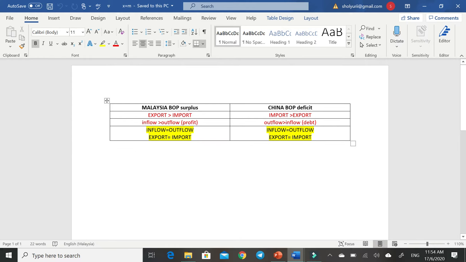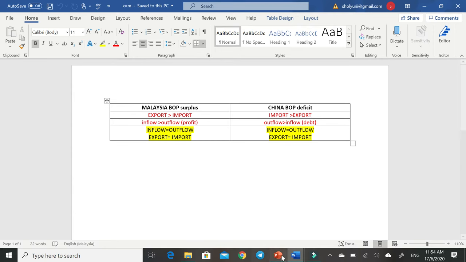So if Malaysia proceed not buying good from China, just selling good, at the end of the day, China will do something and retaliate, which is they will ban trade with Malaysia, or they will impose protectionism. Okay, you boleh tengok balik what is protectionism yang I teach in the introduction part of international trade. So Malaysia will have trouble here.